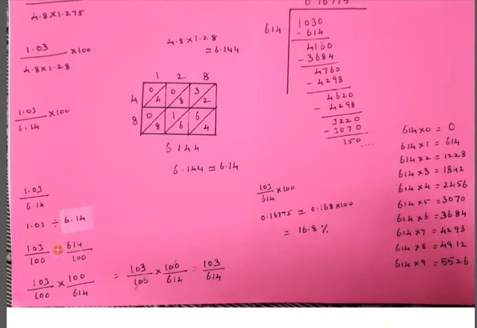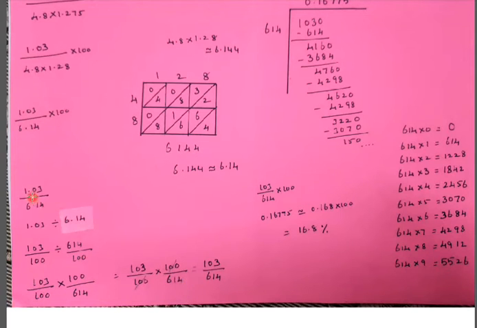Then remove the division, make it multiplication and write the reciprocal, 100 divided by 614. Then 103 multiplied by 100 and 100 multiplied by 614, so the 100s cancel. So 103 divided by 614.